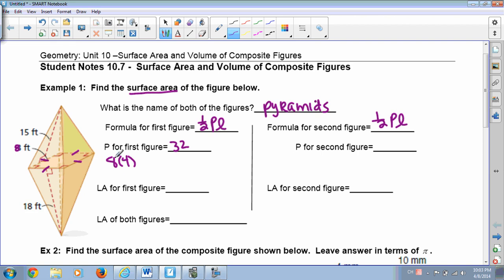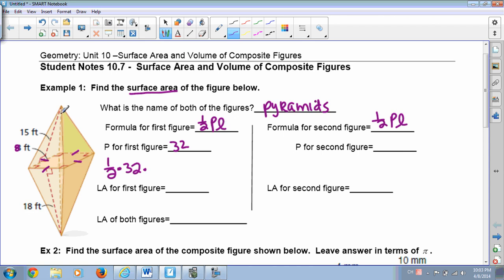Okay? And the lateral surface area of this first figure would just follow our formula, 1/2 times our perimeter, which is 32, times our L, which remember stands for slant height.